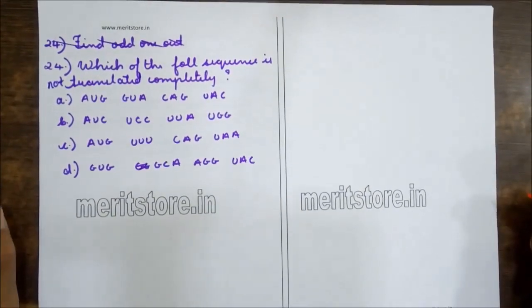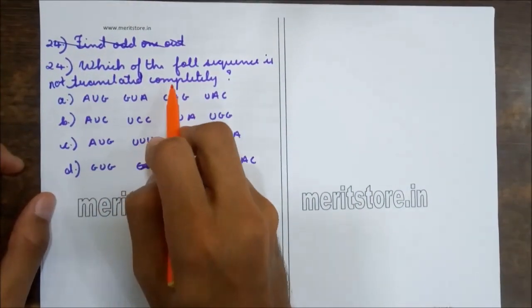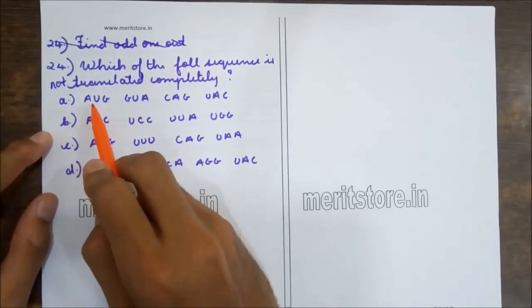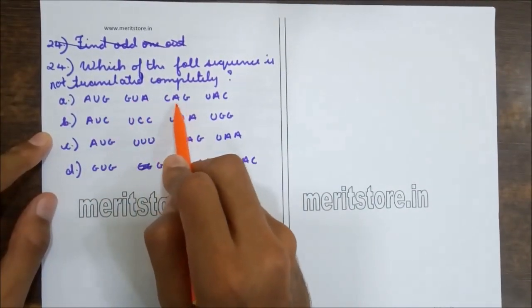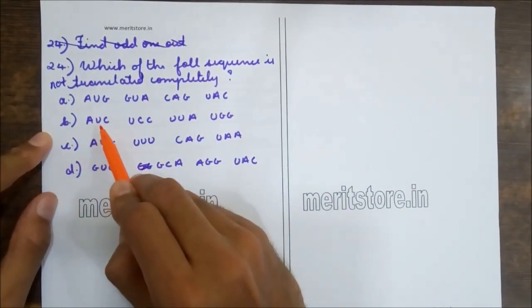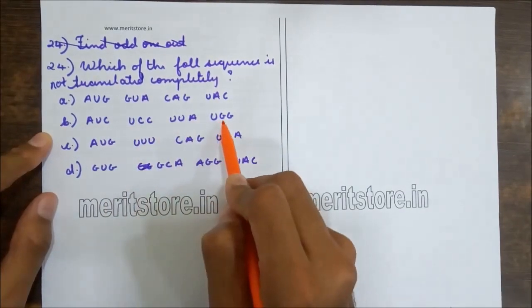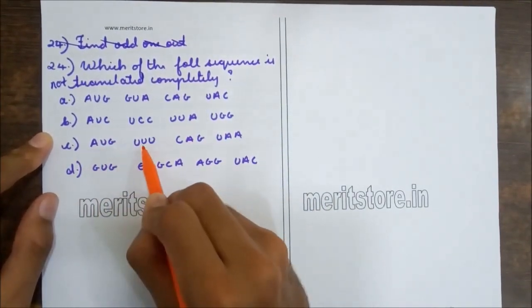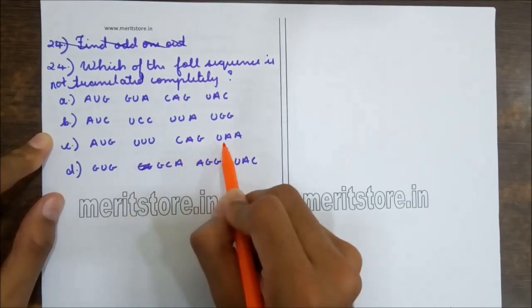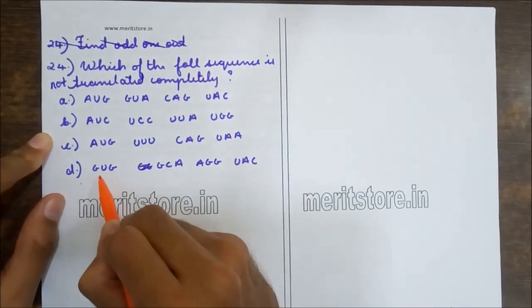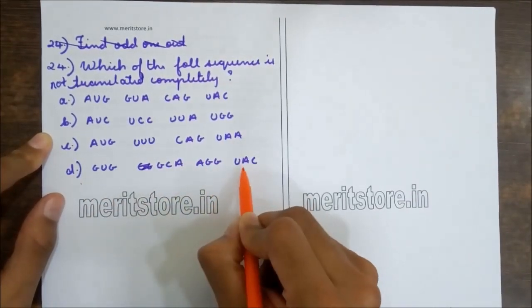Question number 24. Which of the following sequence is not translated completely? Option A AUG, GUA, CAG, and UAC. Option B AUC, UCC, UUA, UGG. Option C AUG, UUU, CAG, and UAA. And option D GUG, GCA, UGG, and UCC.